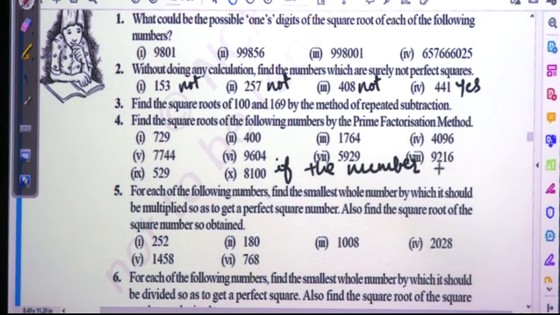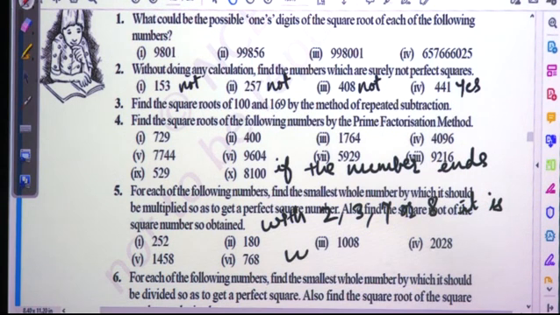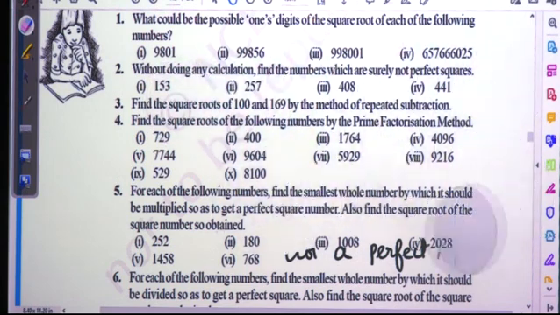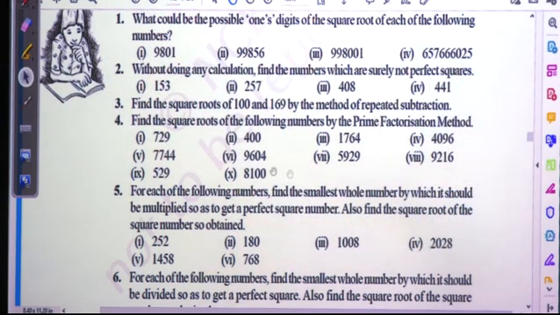If the number ends with 2, 3, 7 or 8, it is not a perfect square. I hope the things are clear. We have studied this in the previous part of this chapter. Let us proceed to the next question.